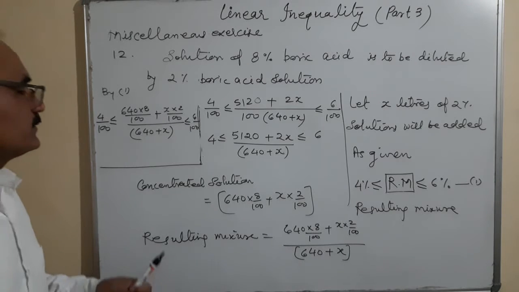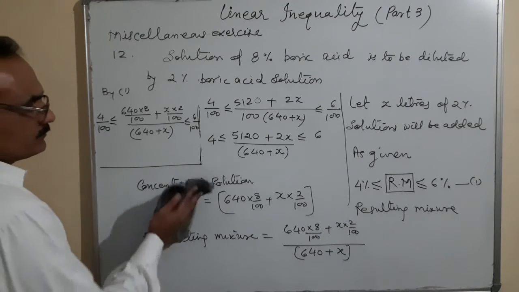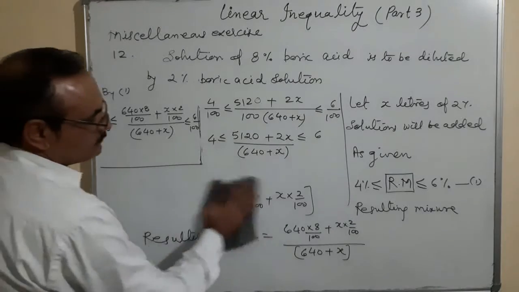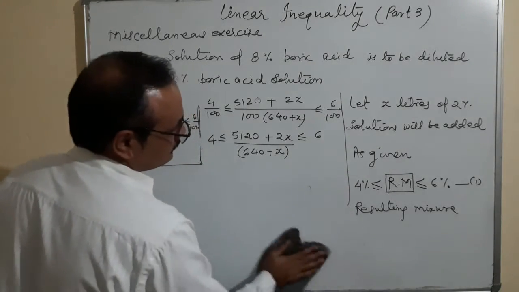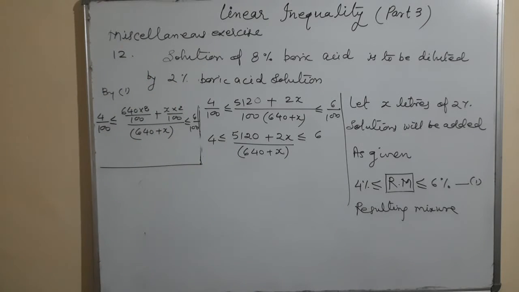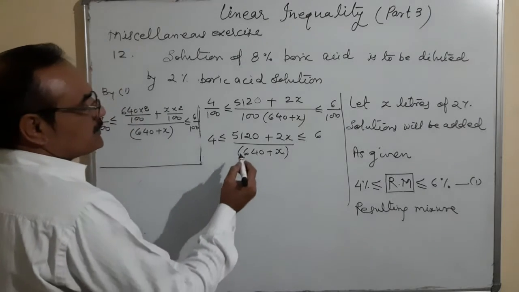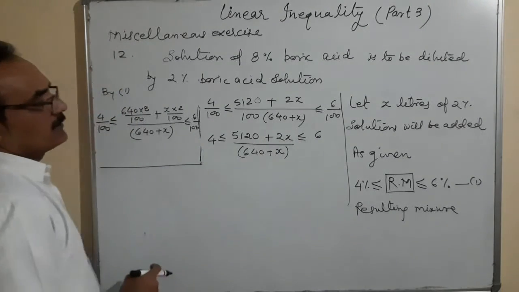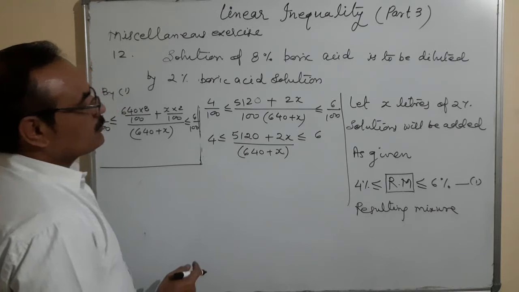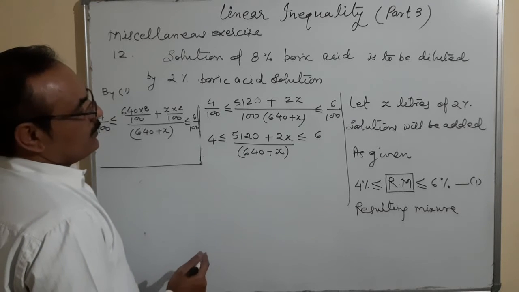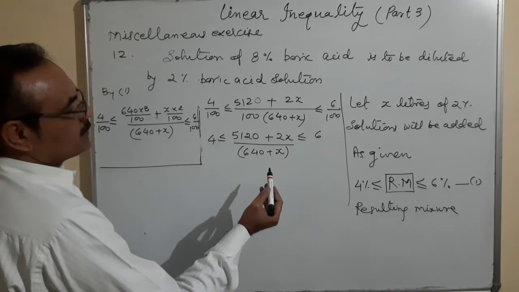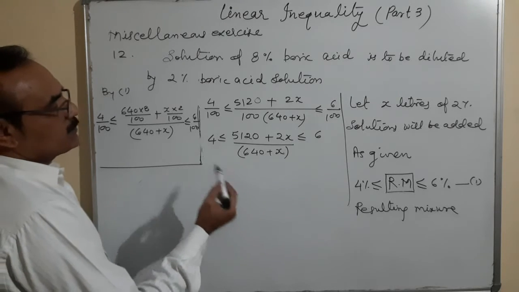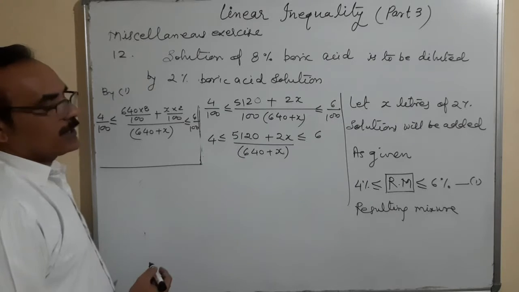Now what should be done? Simply we are going to calculate it. When we are going to separate this term, what is the simplest procedure? The simplest procedure is we will multiply by 640 plus x.